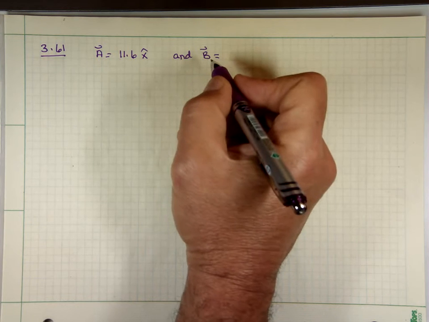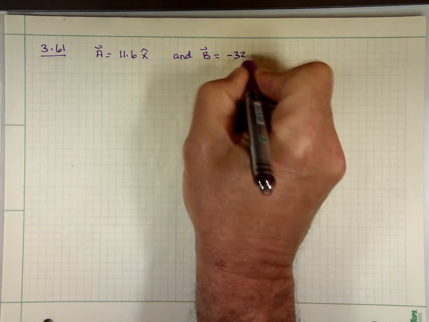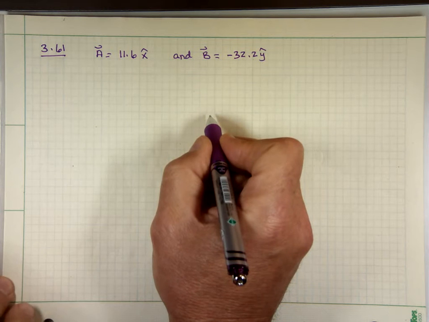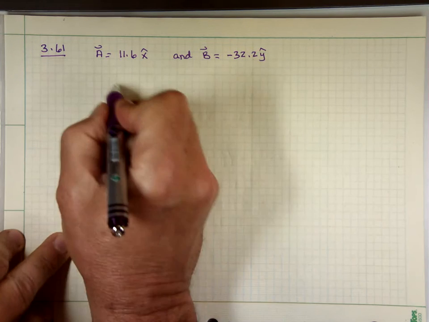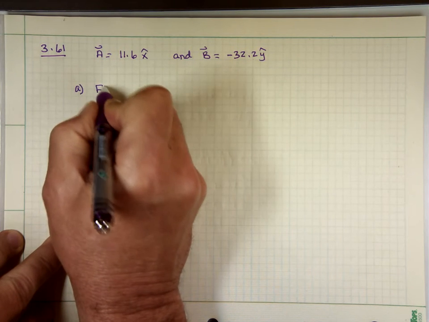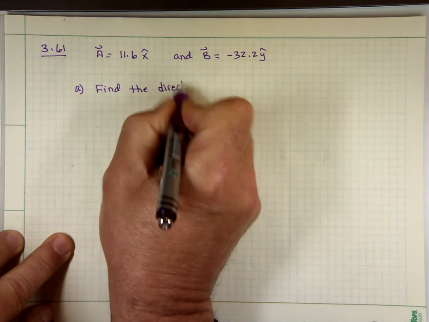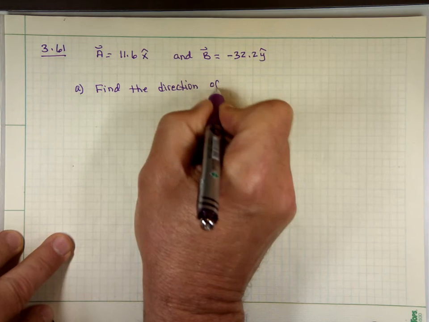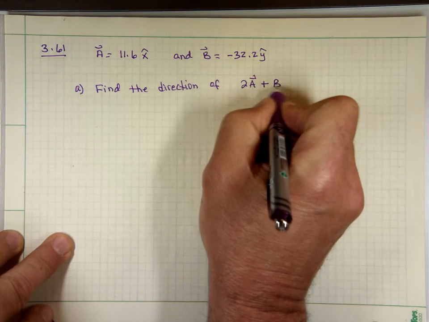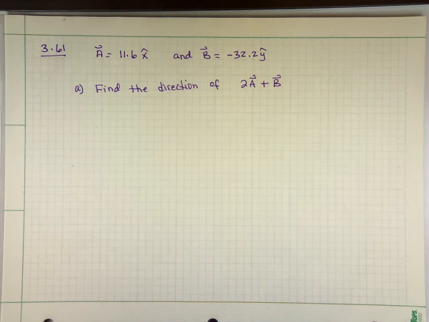Negative 32.2 in the y direction. And the first question, find the direction of 2A plus B. And the second part, find the magnitude of that. Direction and magnitude, both.